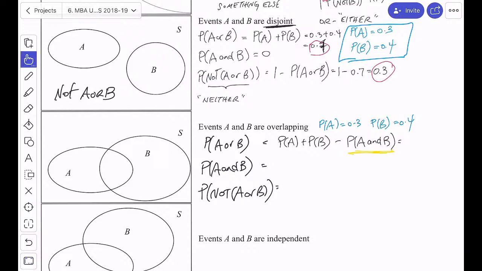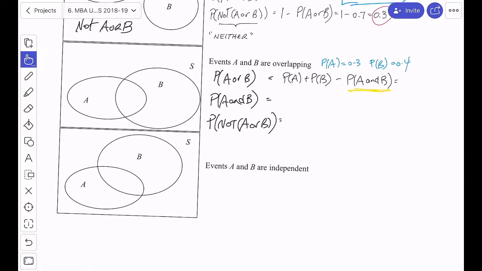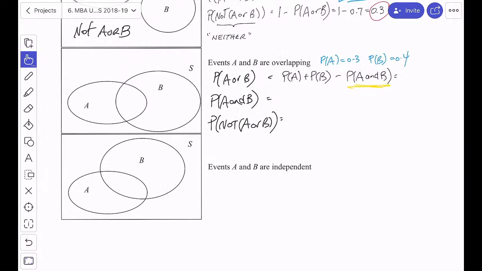If someone told me that A and B are independent events, this looks a little bit different, but independent events are overlapping. So what is independent? How is independent different from disjoint? Well, obviously, independent is not disjoint.